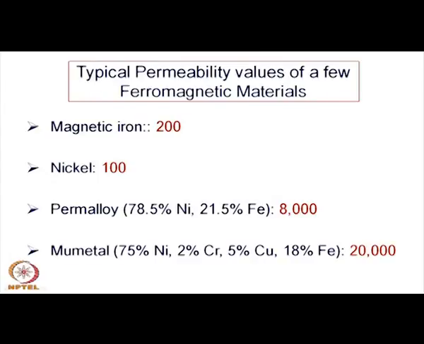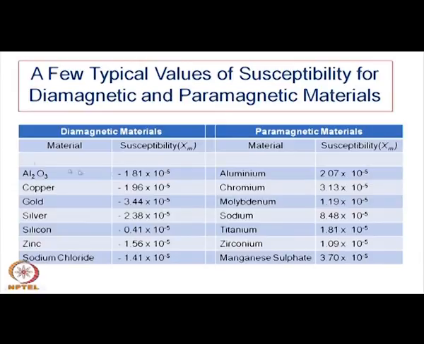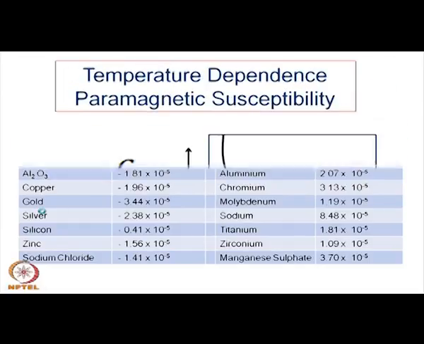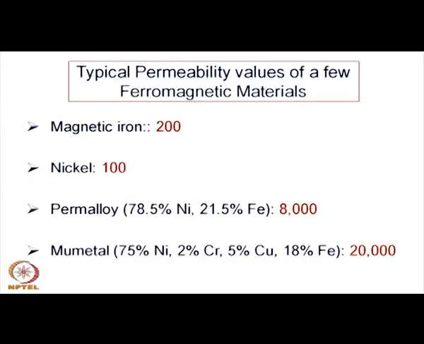Compared to that, whatever we have seen earlier in the table, the susceptibilities are of the order of 10 to the minus 5, either positive or negative. Compared to that, if we go to strong magnetic materials like ferromagnetic materials, and there are also ferrimagnetic materials, we will look into that later.